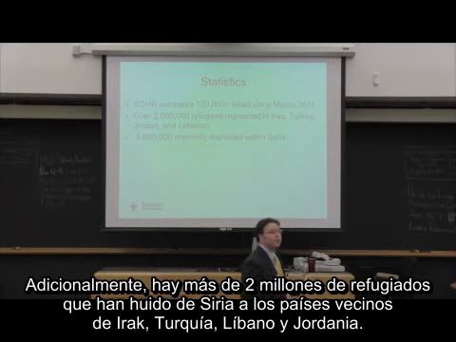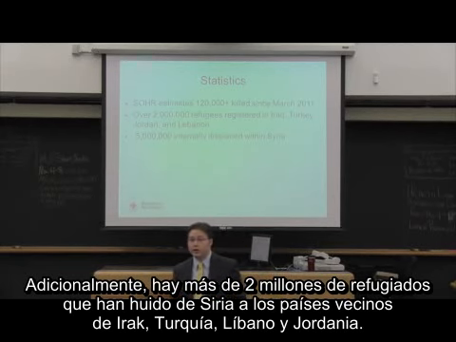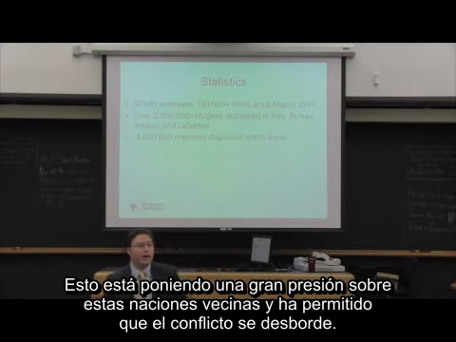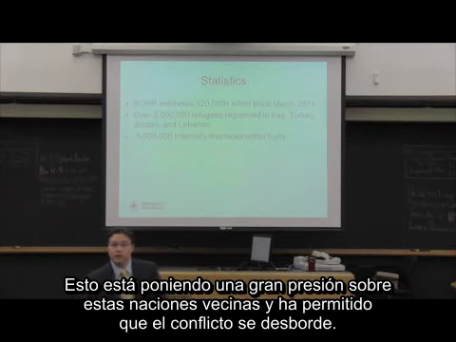There are over 2 million refugees that have fled Syria to the surrounding countries of Iraq, Turkey, Lebanon, and Jordan. This is placing great strain on these surrounding nations. And it's also slowly allowing the conflict to spill over into other nations.